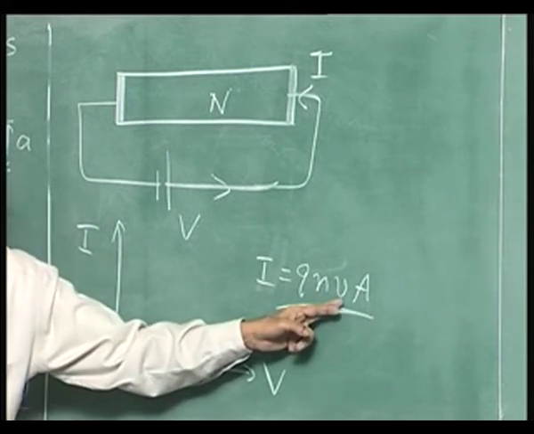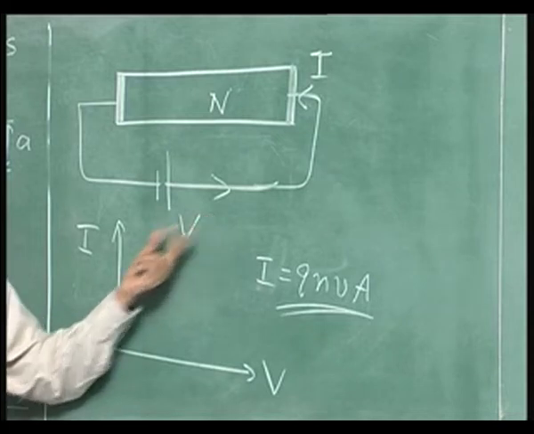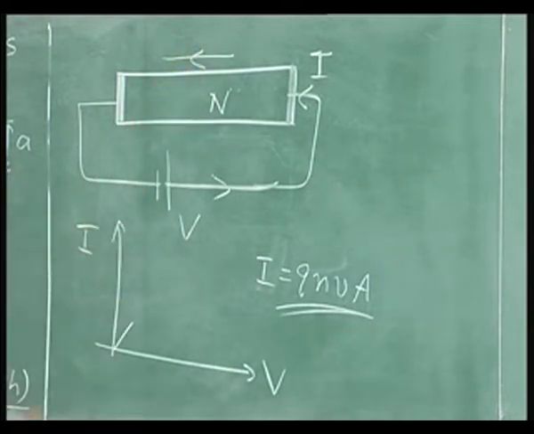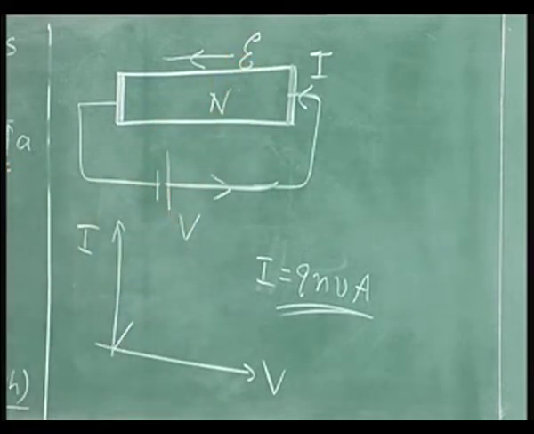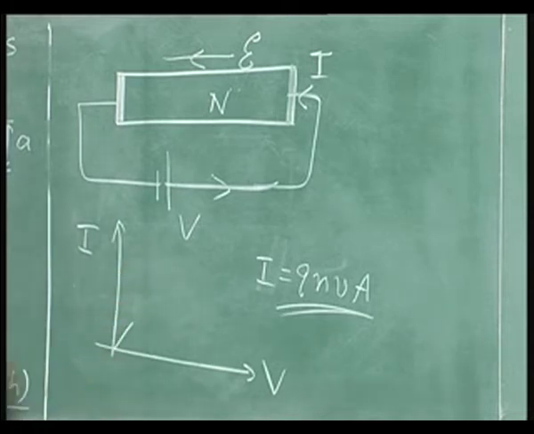It follows the velocity variation. As I keep on increasing the voltage, the electric field here keeps on increasing. When the electric field keeps on increasing, what happens to velocity?